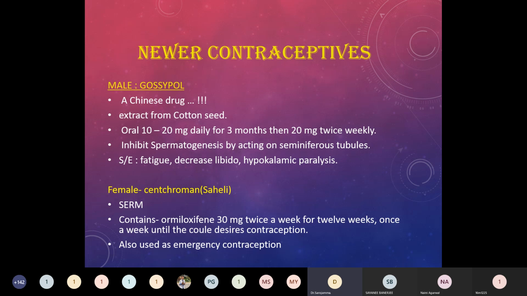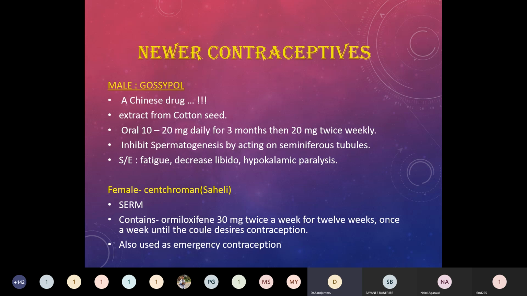Newer contraceptives are the newer male pills that are available in the market and not used very commonly. Gossypol is a male pill extracted from cotton seed. Oral pills are available as 10 to 20 milligram daily for 3 months and then 20 milligram twice weekly.